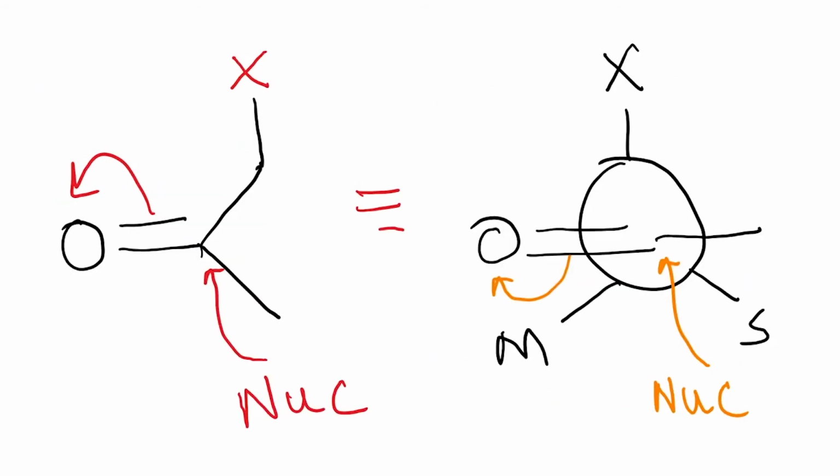So therefore, when X is an electronegative atom which is not a leaving group, what we can expect is that the nucleophile attacks the carbonyl, and the conformation wherein X is perpendicular to the carbonyl is going to be the most reactive conformation.